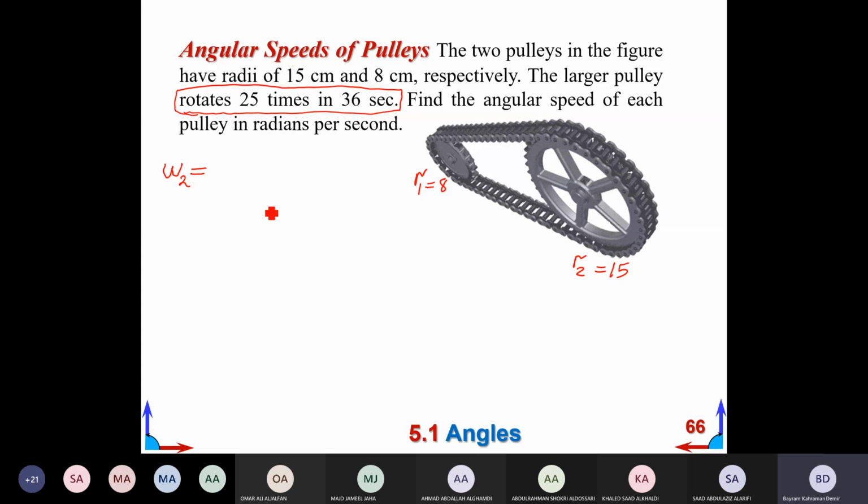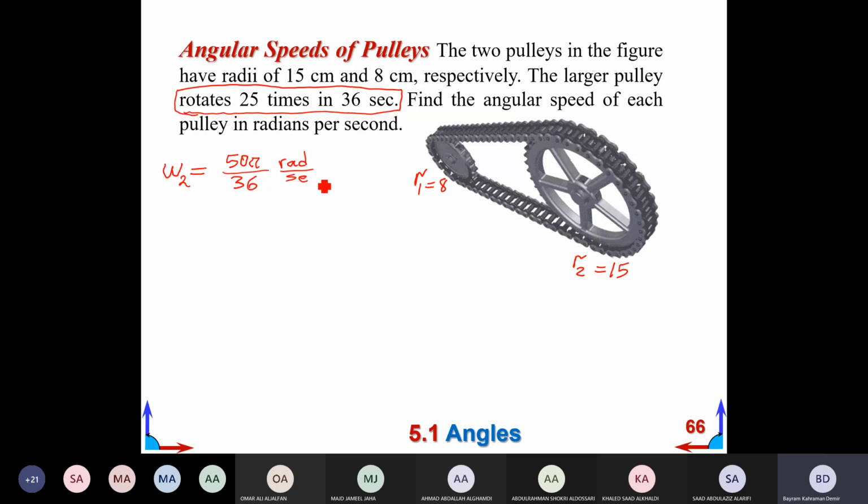Okay, so what shall I write, Shabab? Omega 2 is equal to 25 times 2 pi. 25 times 2 pi is 50 pi, over 36. Perfect. This is radian per second.